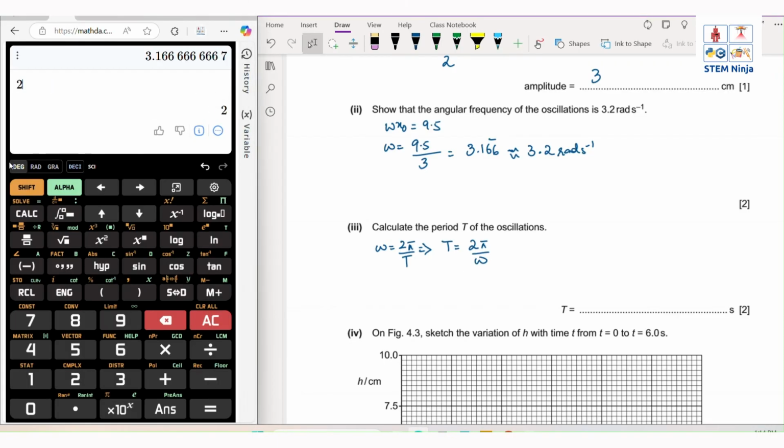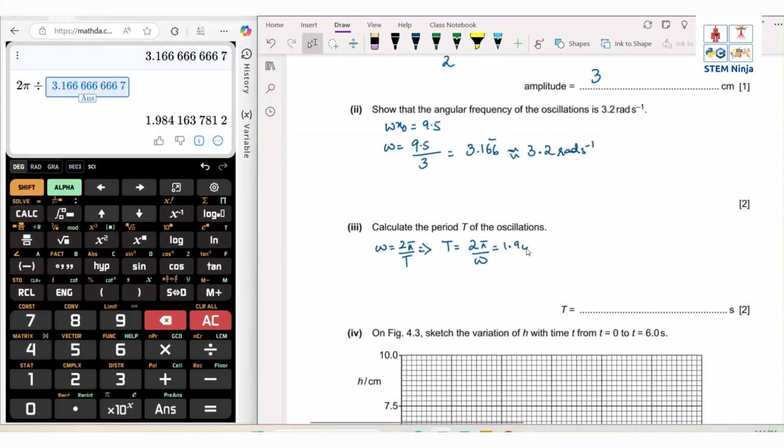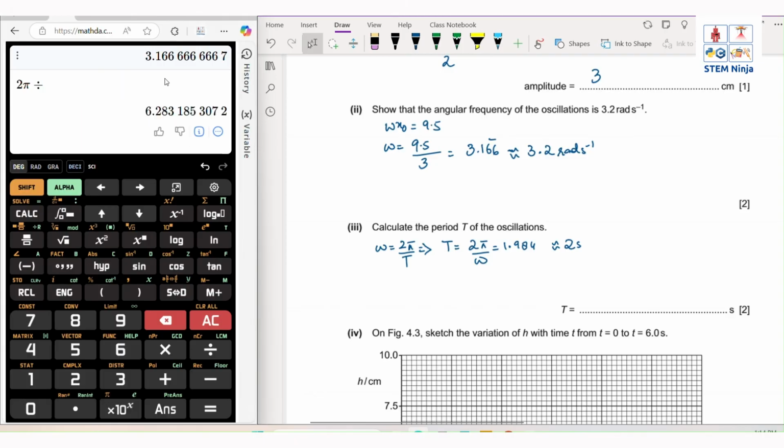So 2 pi over omega, the answer is 1.984, roughly approximately 2 seconds. Had we done 2 pi by 3.2, that is also almost the same thing.